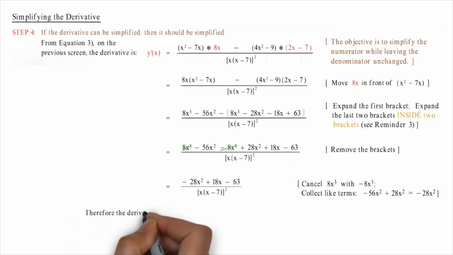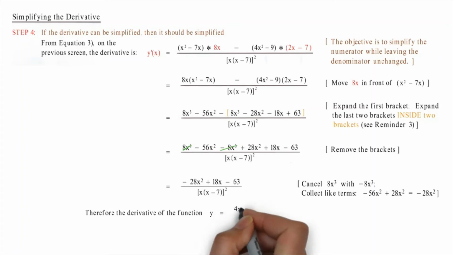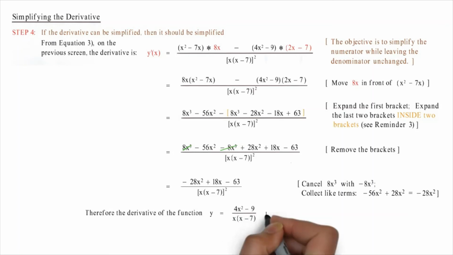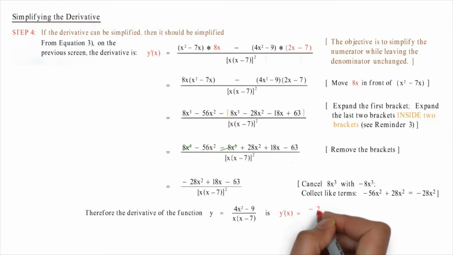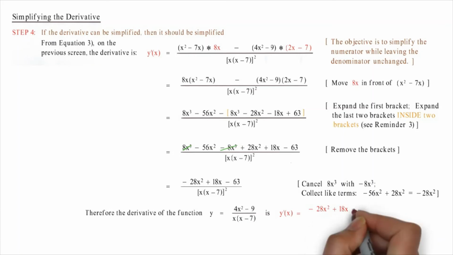Therefore, the derivative of the function y equals 4x squared minus 9 divided by x into x minus 7 is y dash x equals minus 28x squared plus 18x minus 63 divided by x into x minus 7 all squared.